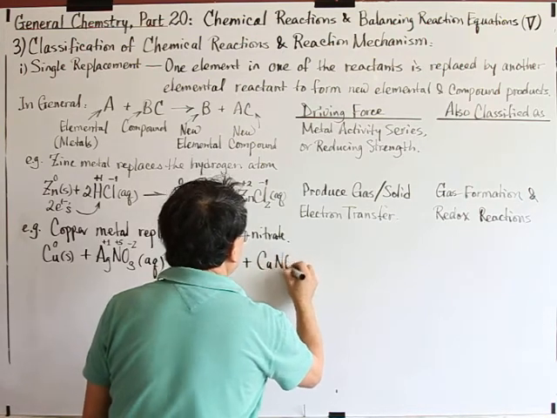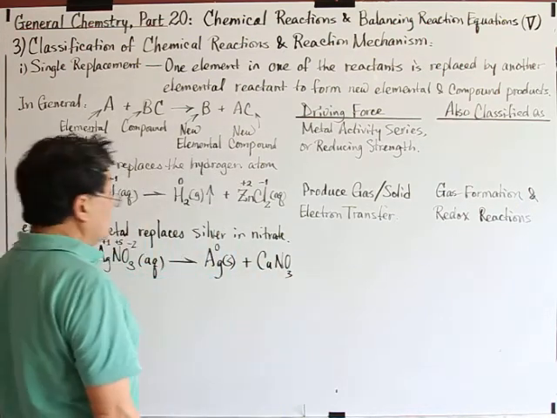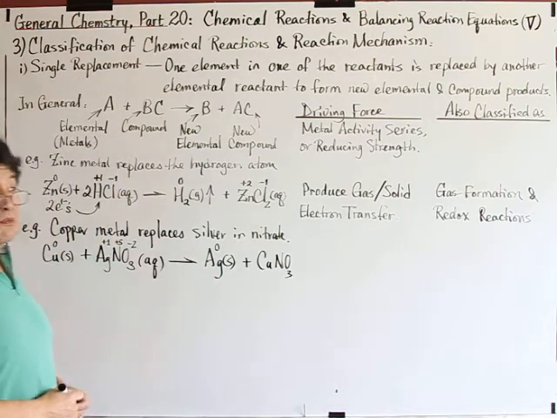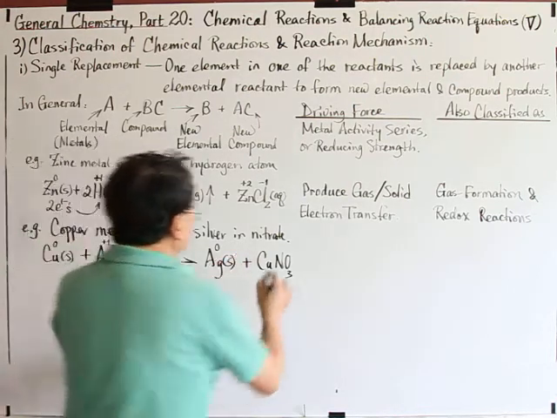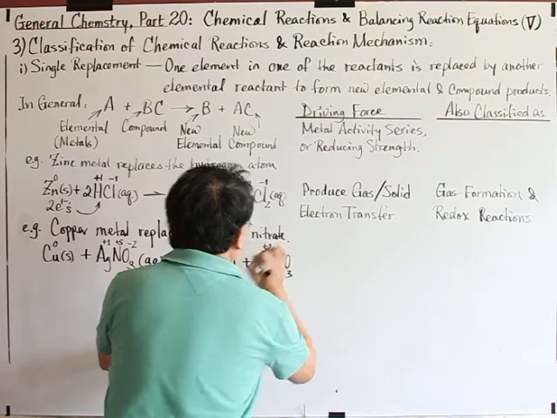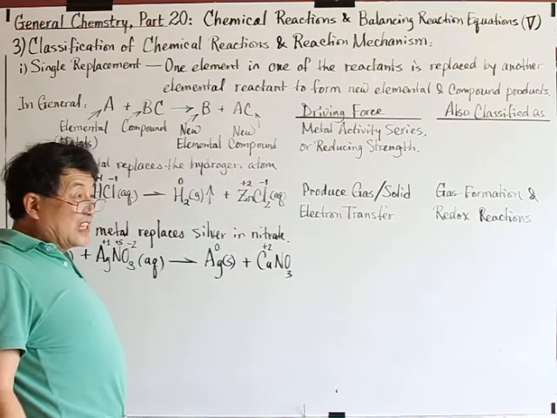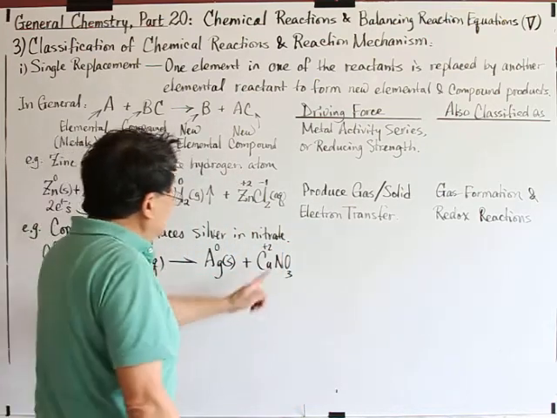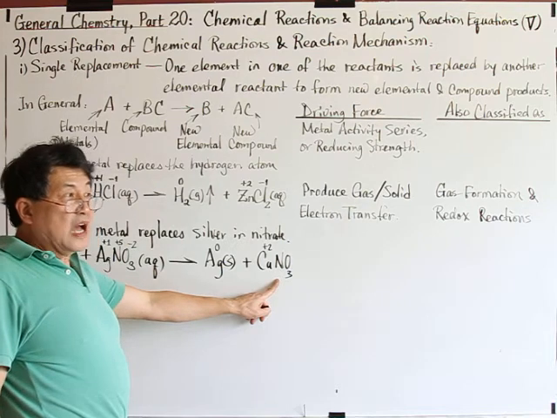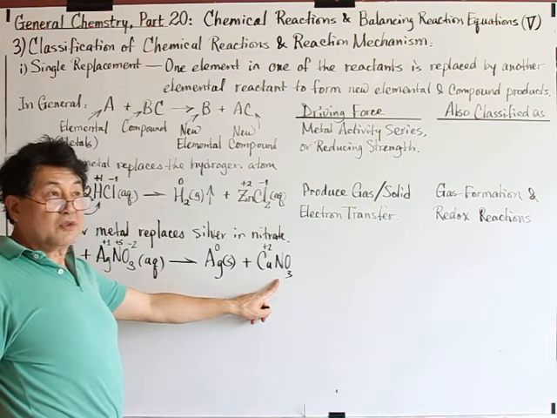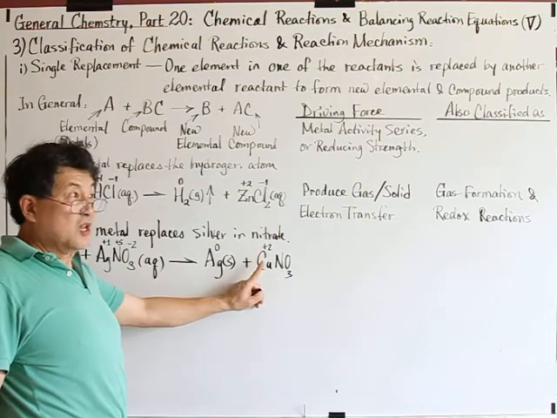Now nitrate we know is -1. Copper is what? Copper is +2. So +2, in order to achieve neutrality for the ionic compound, 1 nitrate is not enough, because 1 minus cannot balance 2 plus.